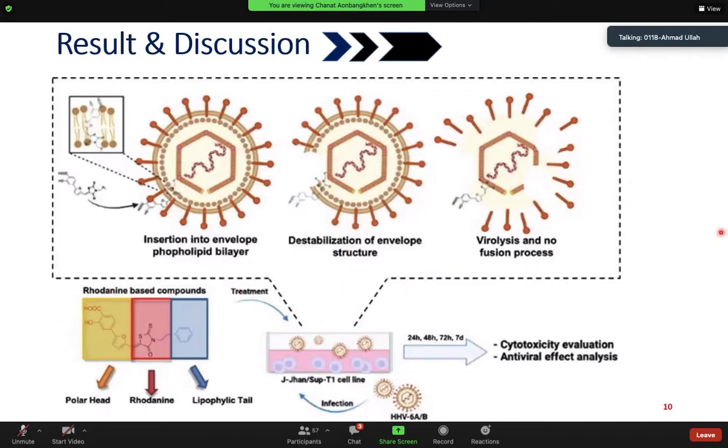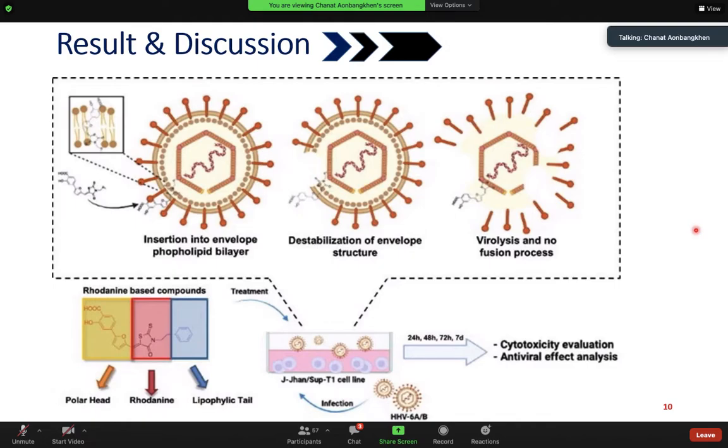Yes, in this slide, you mentioned the process of the compound which injures the virus. I wonder about this. Can you briefly give information about this process? How does it work? Please, can you come again?